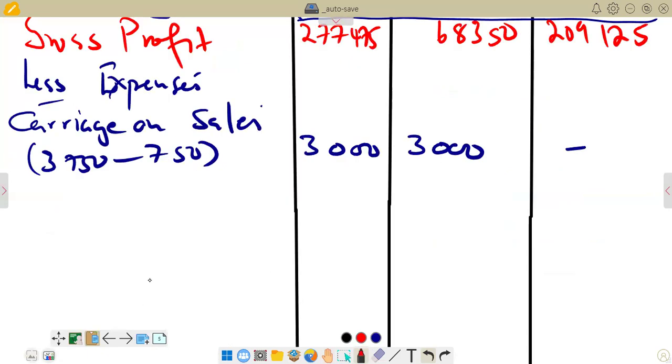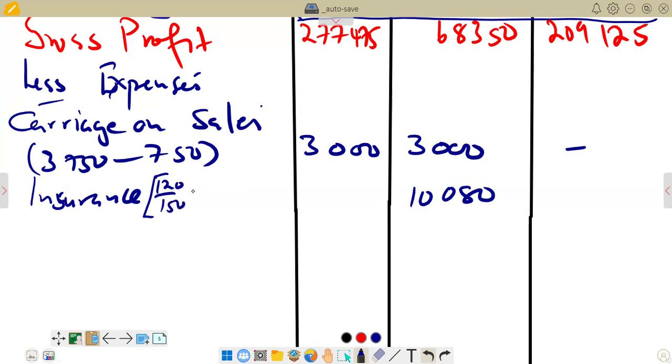So here we're saying this is insurance. For the first one, if you say 120 over 150 times 12,600 that we are having there, we are going to get 10,080. In other words, the first calculation is 120 over 150 times 12,600.